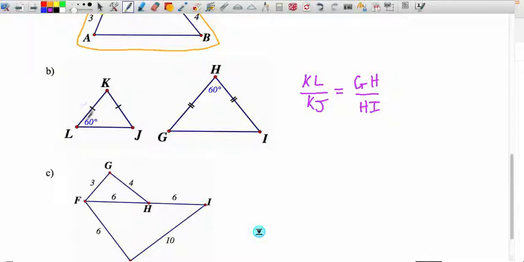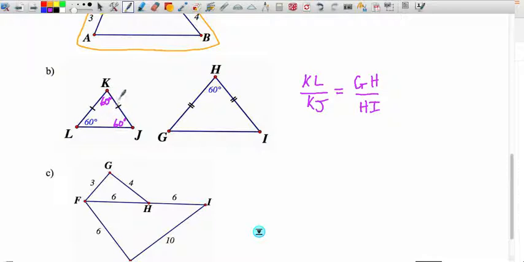In this case we're going to use the isosceles triangle theorem. If we know that angle L is 60, we know that angle J is 60, and then through the angles of a triangle, angle K is also 60, and this confirms that we have similarity by SAS. We also of course have similarity by AA.